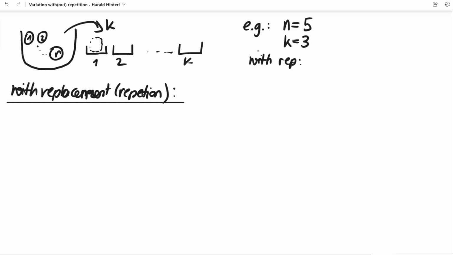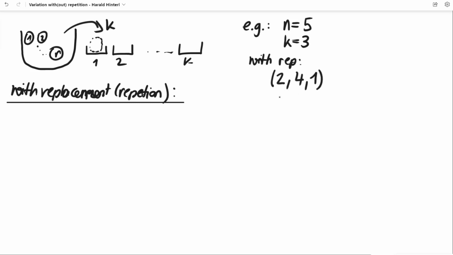So what does this mean? How can we describe one draw by a so-called 3-tuple? For example, the first ball is the ball with the number 2. The second drawn ball is the ball with the number 4, and the third one is the ball with number 1.